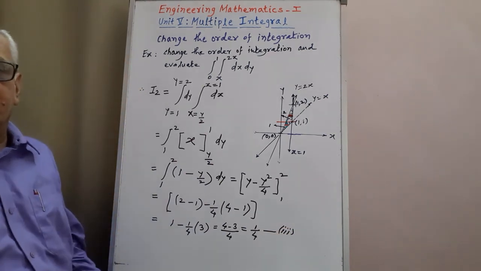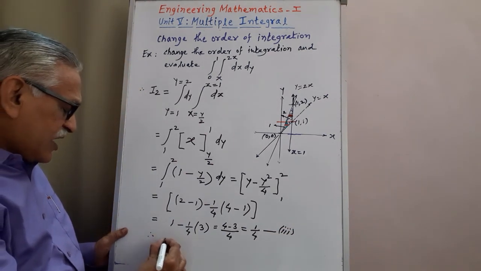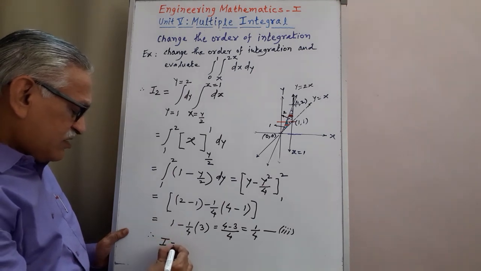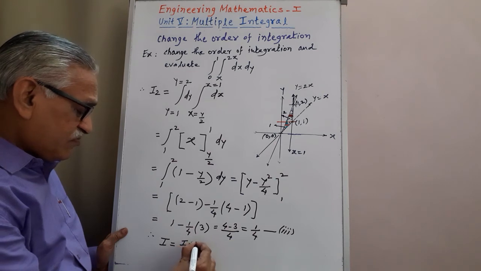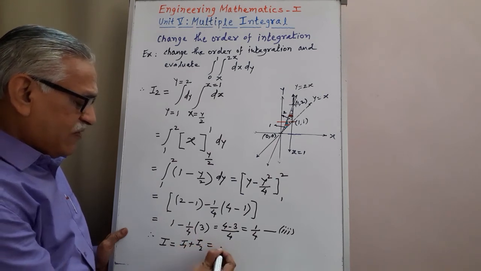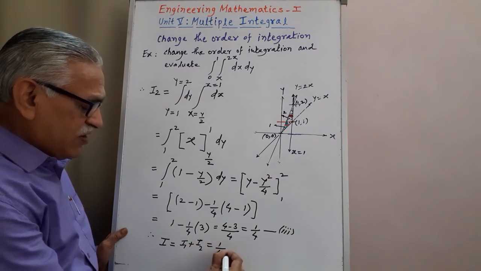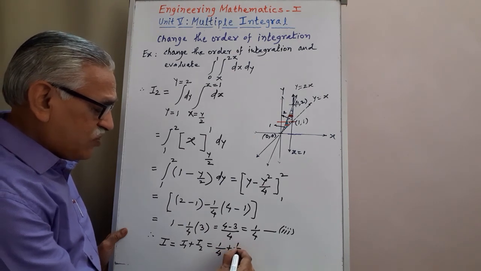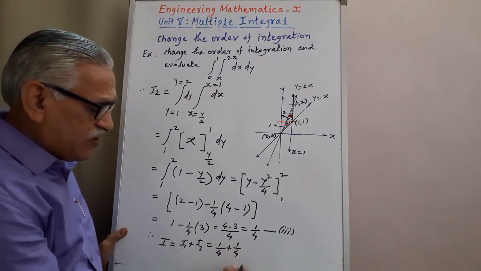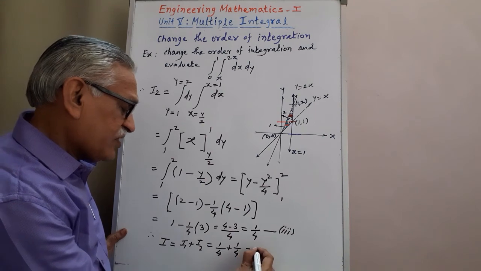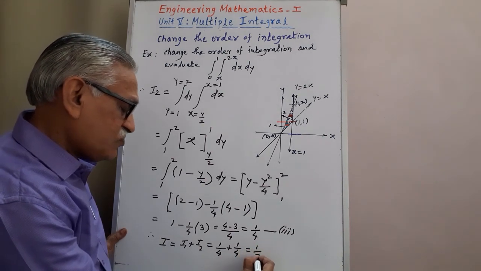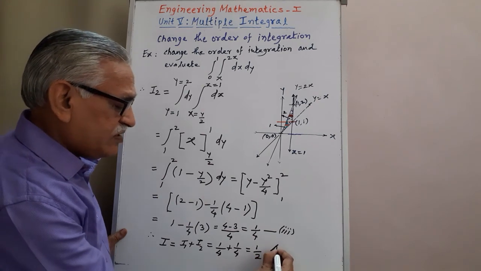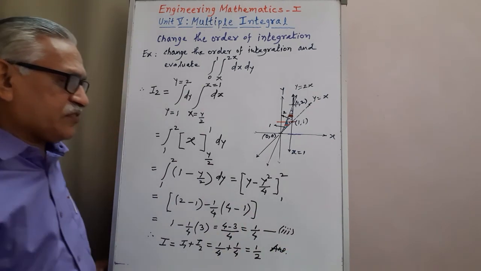We call it equation 3, and therefore substituting that value in equation 1, I becomes I1 plus I2. The value of I1 is 1 by 4, value of I2 is also 1 by 4, twice of 1 by 4, we get that value as 2 by 4, means 1 by 2 as the required answer.